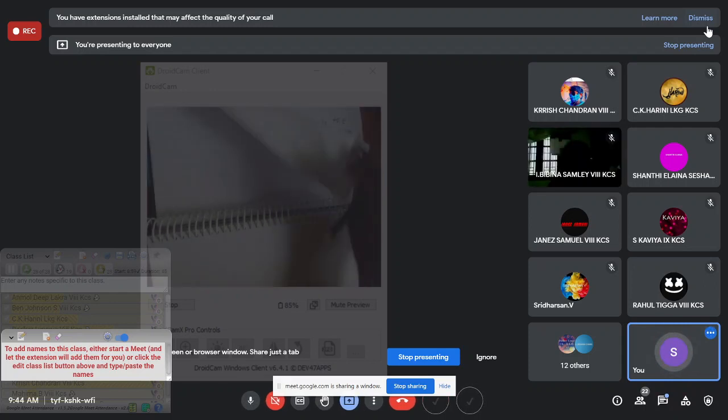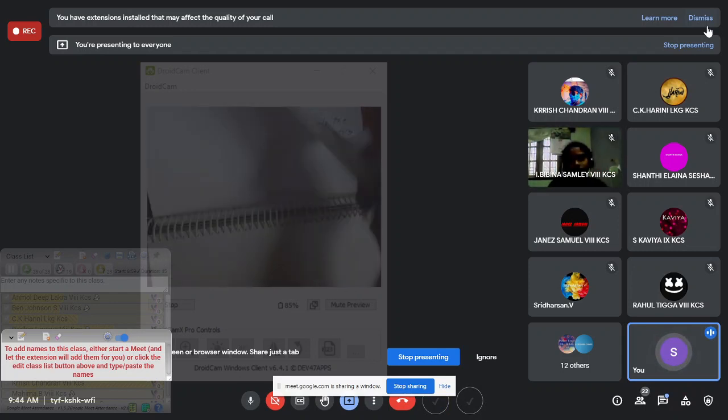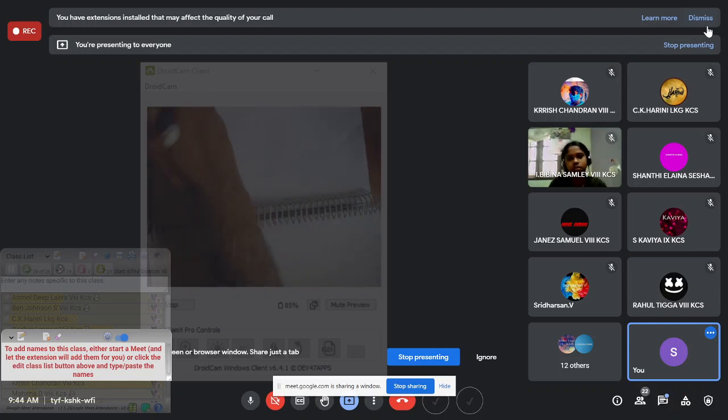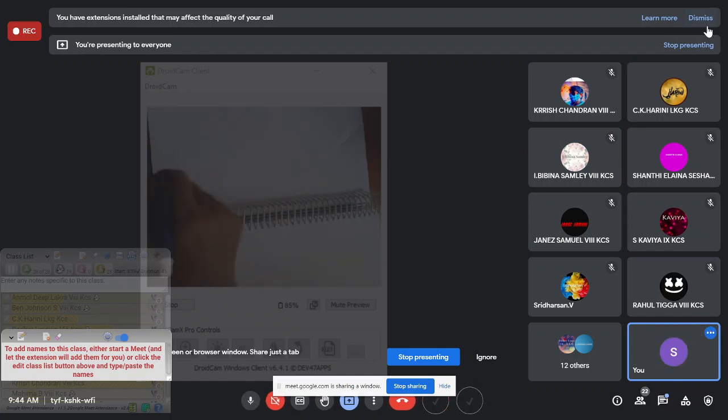We have to write the rational number in the decimal form. Okay, my dear children. See page number 14. Can you tell me the first question? What is the first question? Sir, 36 by 100.